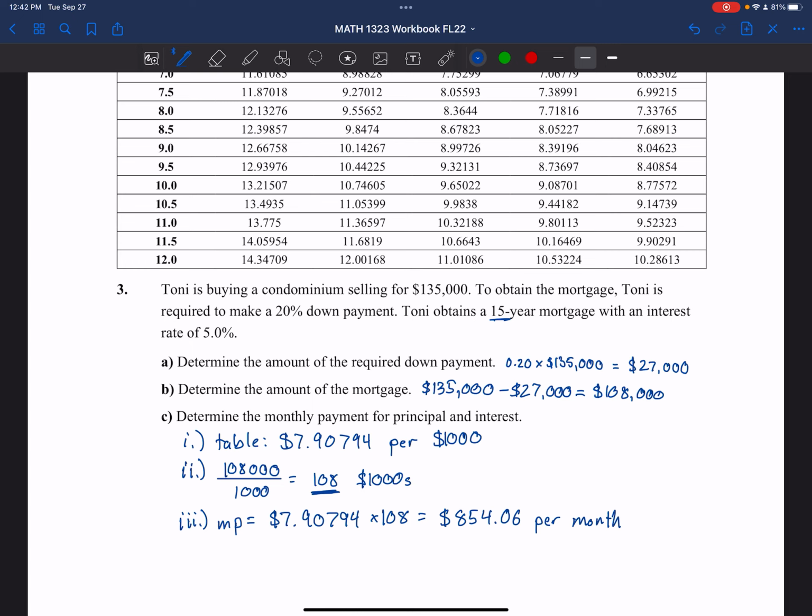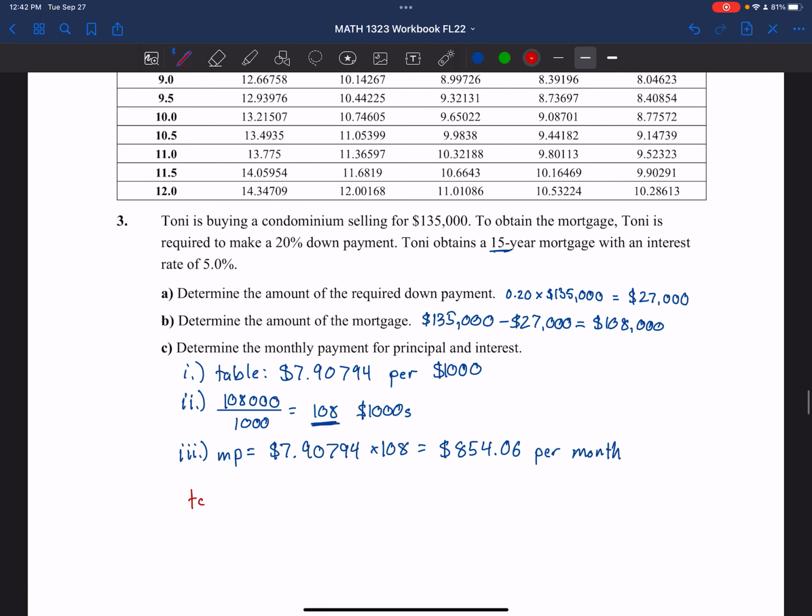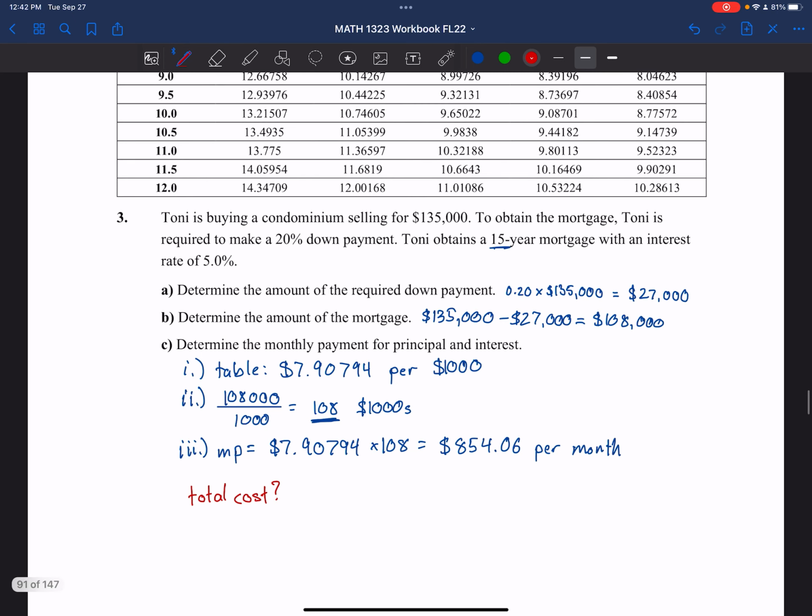And one thing that is maybe not easily seen here, though, is the total cost. What is the total cost? Well, to figure that out, it's not explicitly asked here, but if you look at it, it's going to be the down payment, the $27,000.